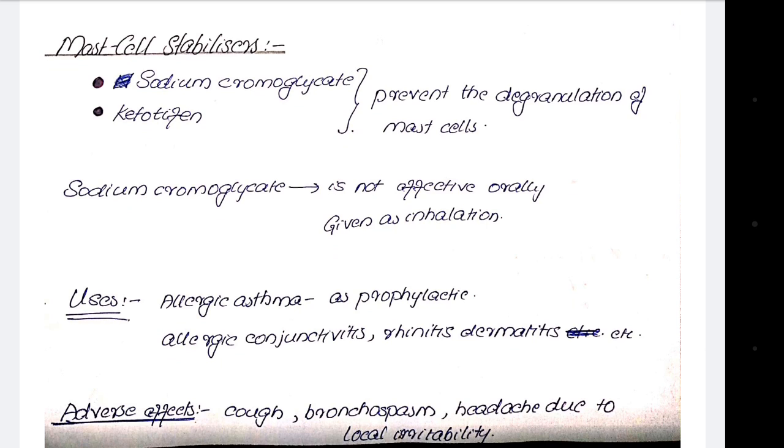It is also used in allergic conjunctivitis, rhinitis, dermatitis, etc. Its adverse effect is due to local irritability. It does not have any systemic adverse effect. Due to local irritability, it causes cough, bronchospasm, headache, etc.